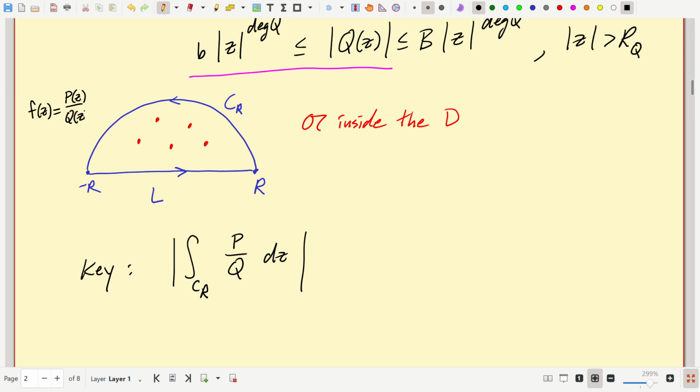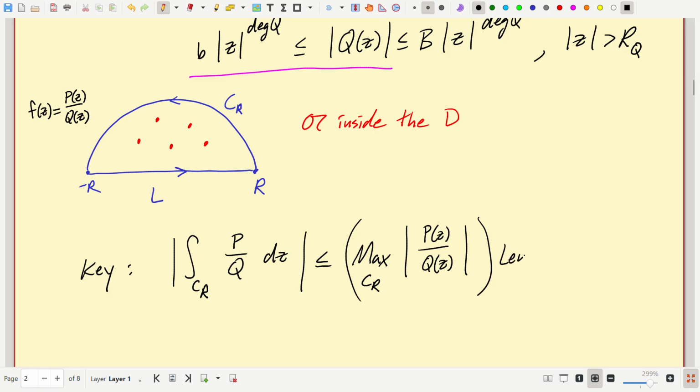That's the complex function I'm doing this to. And we can estimate that by the basic estimate for integrals. That's less than or equal to the max on that circular part of P of z over Q of z times the length of the circle.